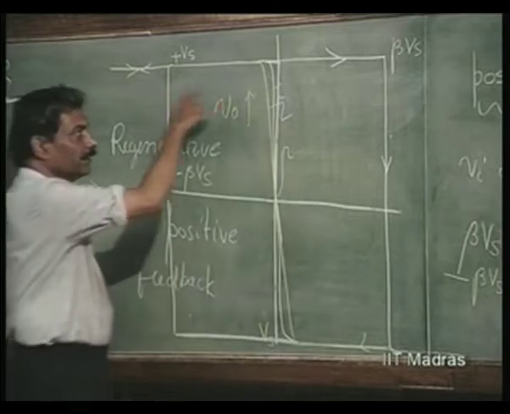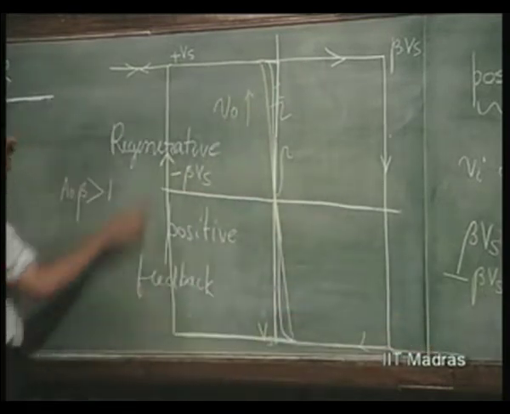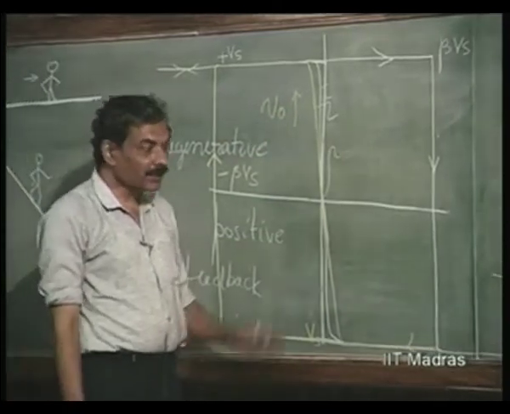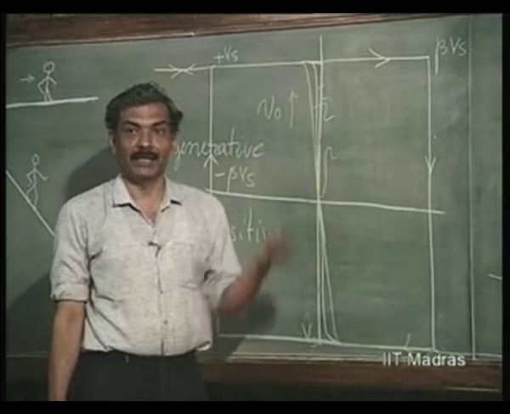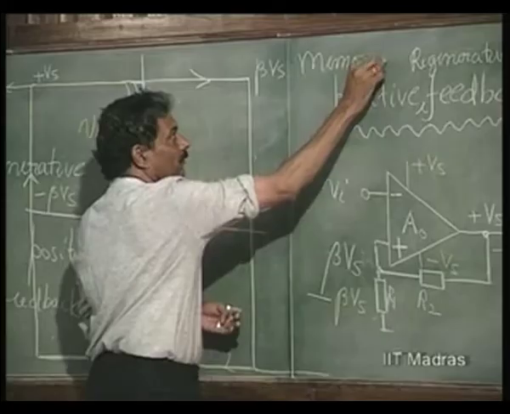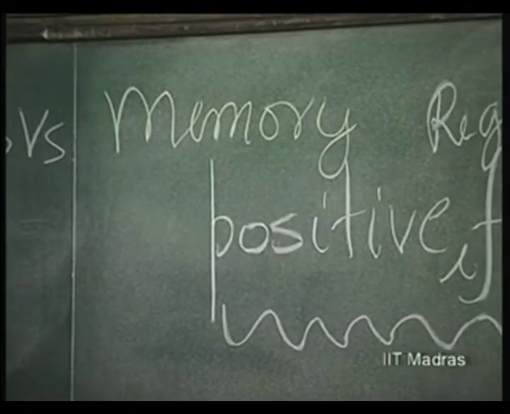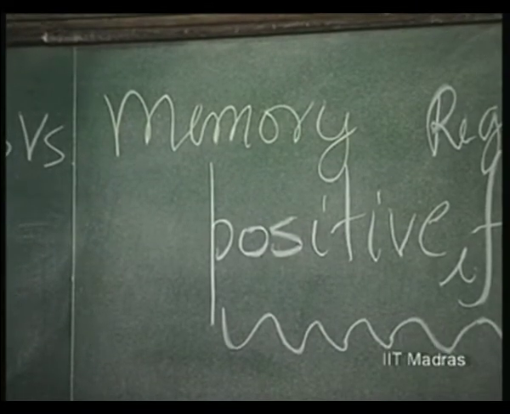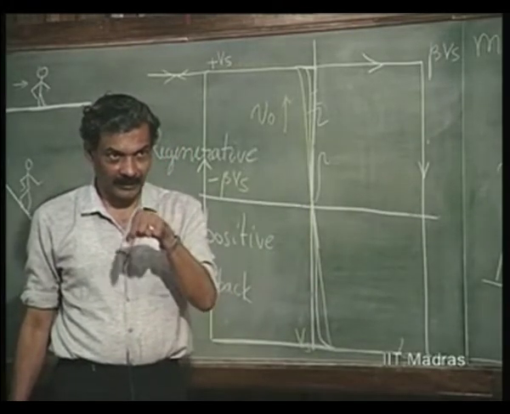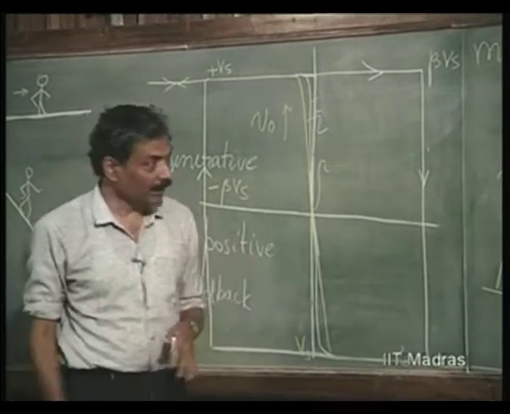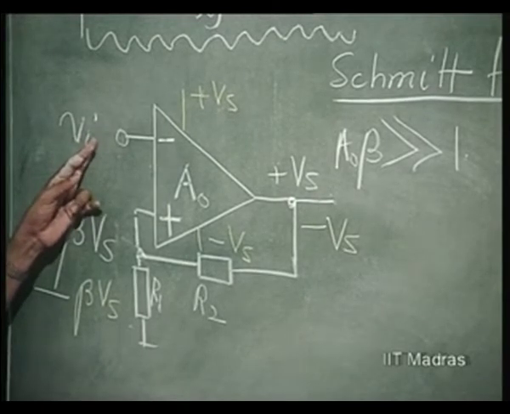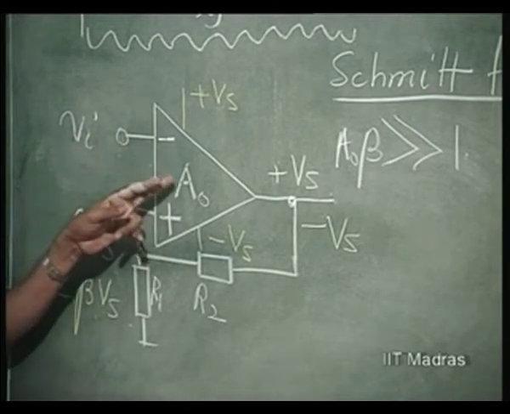So, this is what is called hysteresis, right. The circuit has memory. Why is it? Our amplifier circuit does not have memory. Output depends upon the magnitude of the voltage appearing at the input at that instant of time. Here, the output depends upon whether the input is increasing or decreasing.